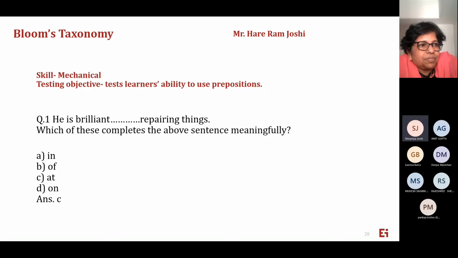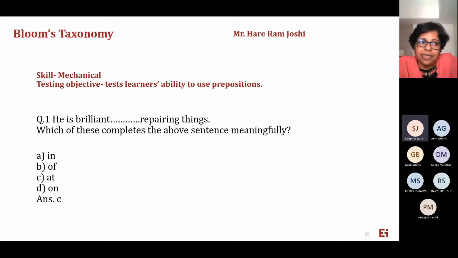So in that case, I think students have to learn them by heart. They don't have any other option. They can't tell why "at" is being used here. We cannot explain to them why "at" is being used here. It is used, that is why it is used. So I think it belongs to the mechanical category.